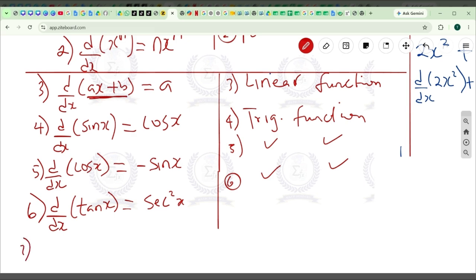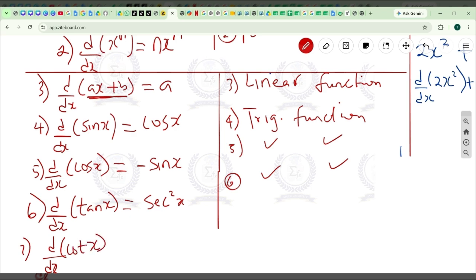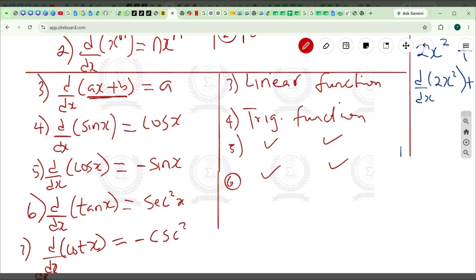Alright, so let's look at the 7th one, also a trig function. If we are differentiating cot x, a cotangent, what you have is negative csc squared x.